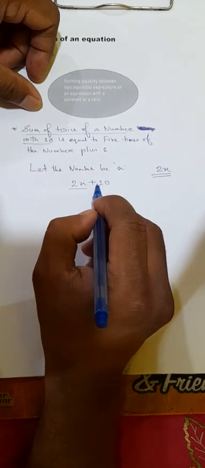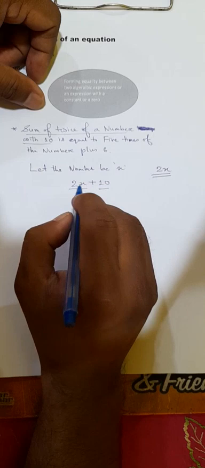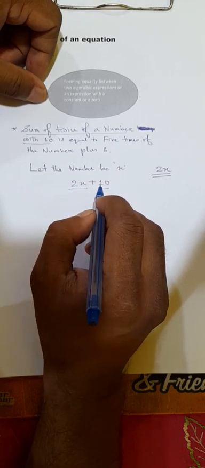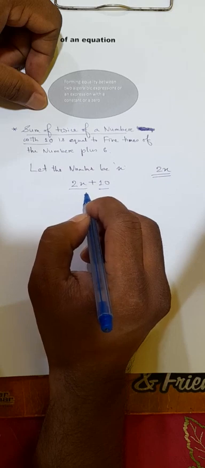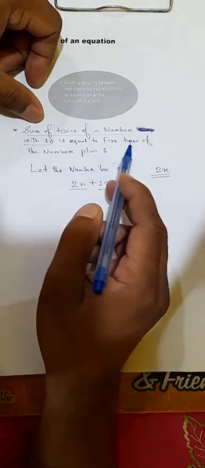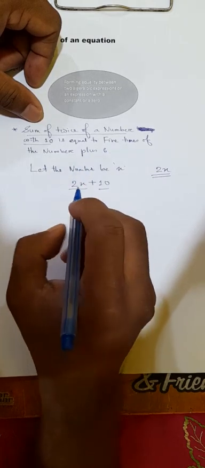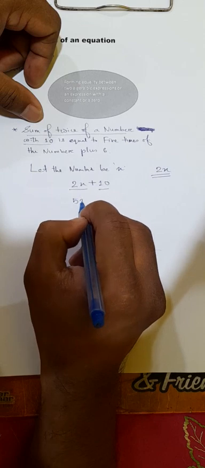So twice of the number plus 10 means twice x plus 10. Now the next statement is 5 times of the number plus 6. So what is 5 times of the number? 5 times of the number is 5x.